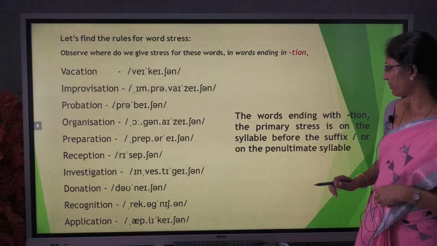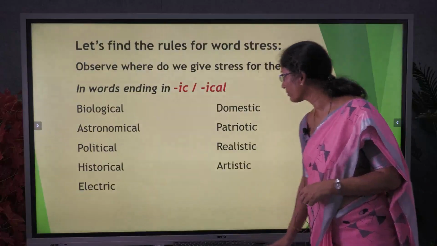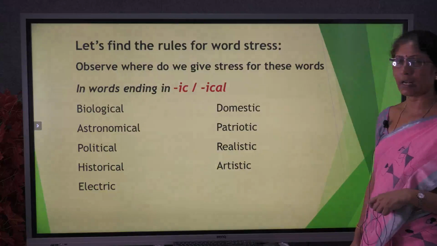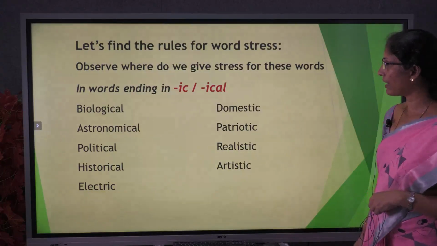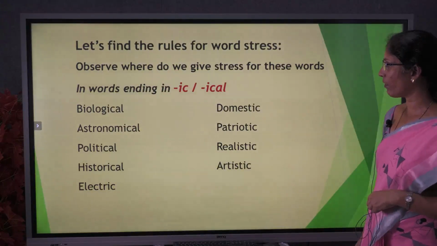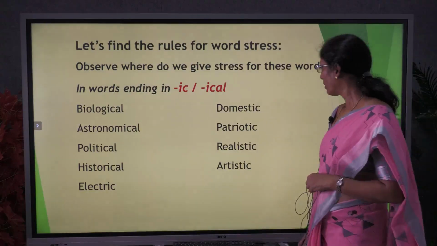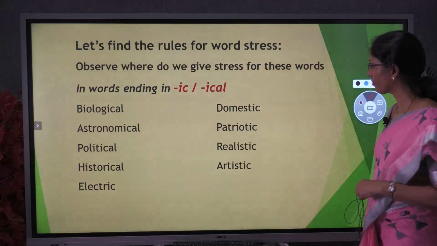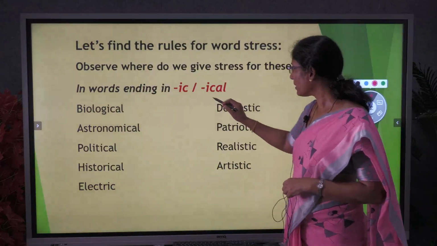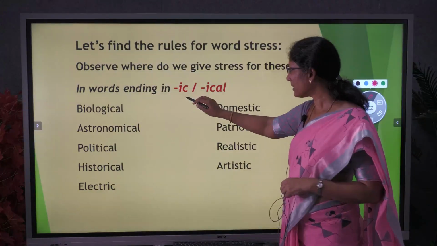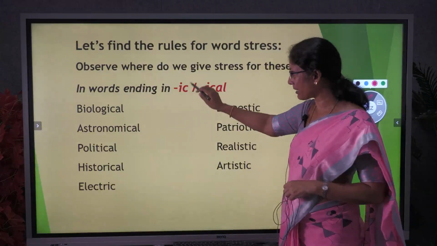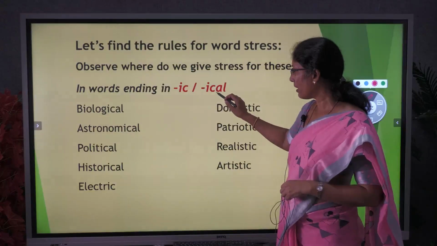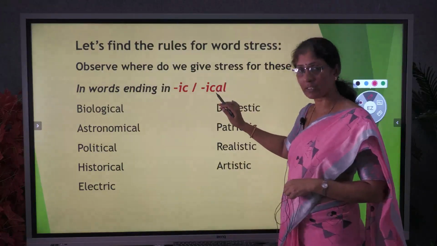Next, when the suffix IC or ICAL is added, where does the stress fall? Look at where the stress falls. See this. IC is mono, it has only one syllable, but ICAL has two syllables in the suffix itself.